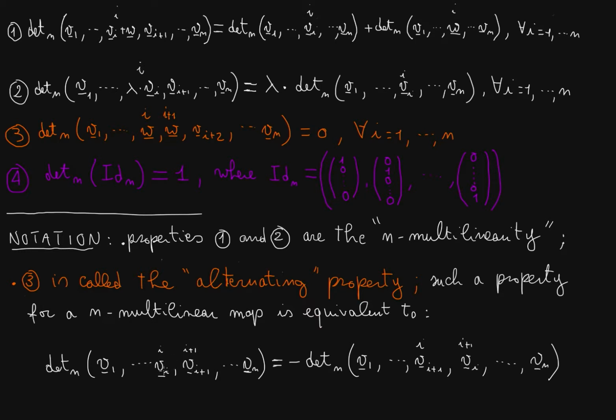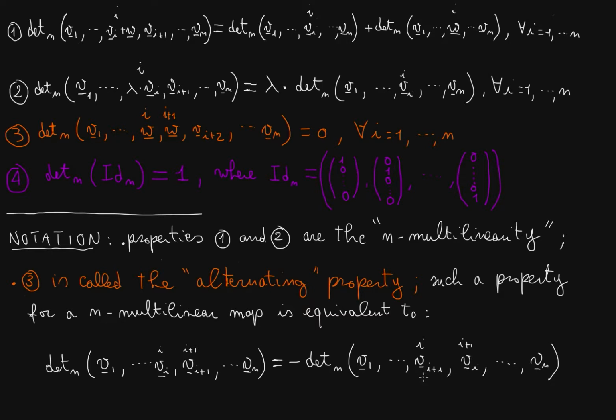The n column vectors on the left have vi in position i and vi plus 1 in position i plus 1, while on the right hand side they have switched places: in the ith position we have vi plus 1, and in the i plus 1 position we have vi.